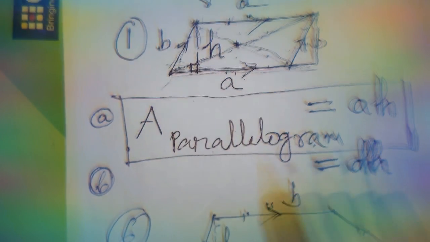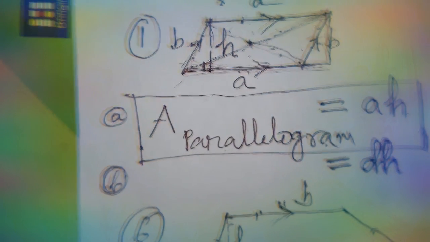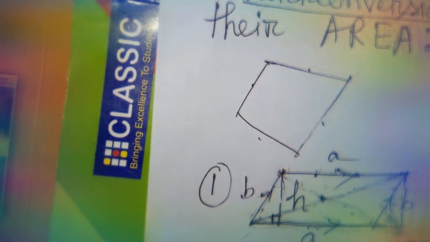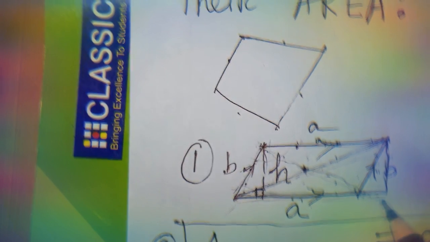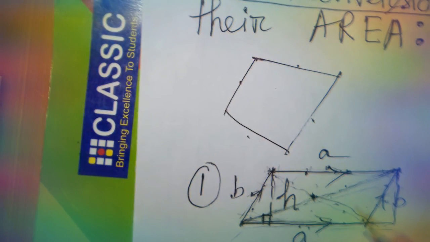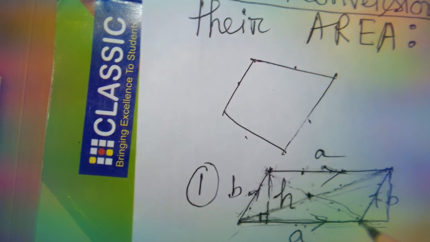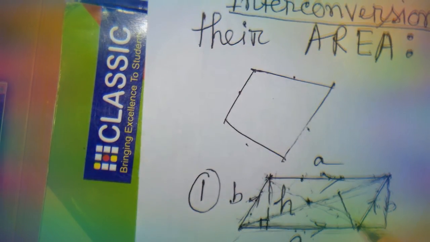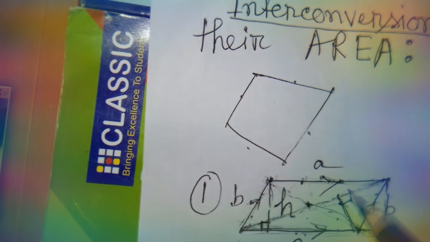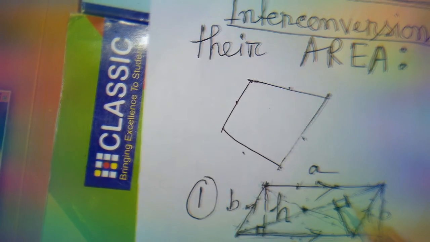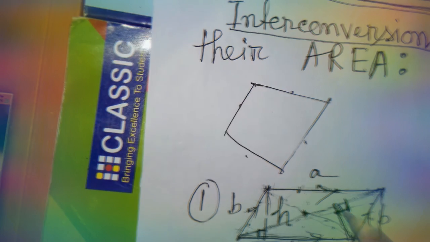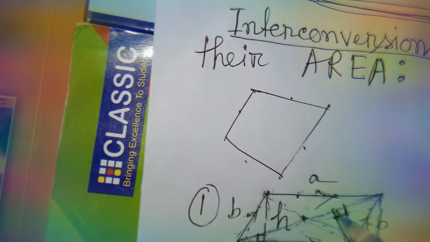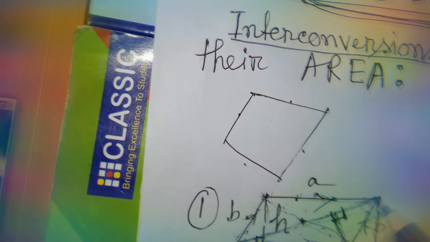Now the area of a parallelogram can be found in another way if the diagonal is given and the height from this angular point, perpendicularly drawn to this diagonal, I mean the distance between this point and this diagonal.